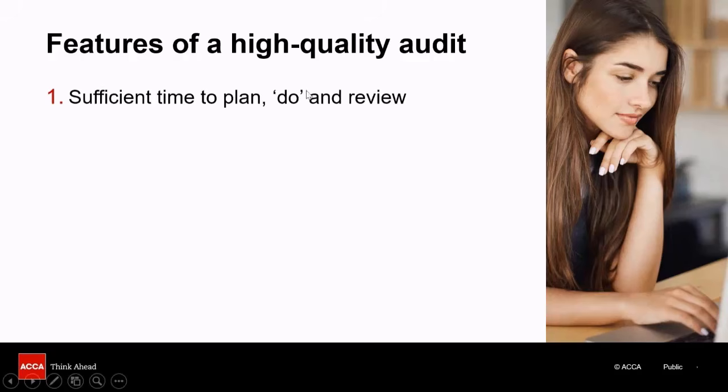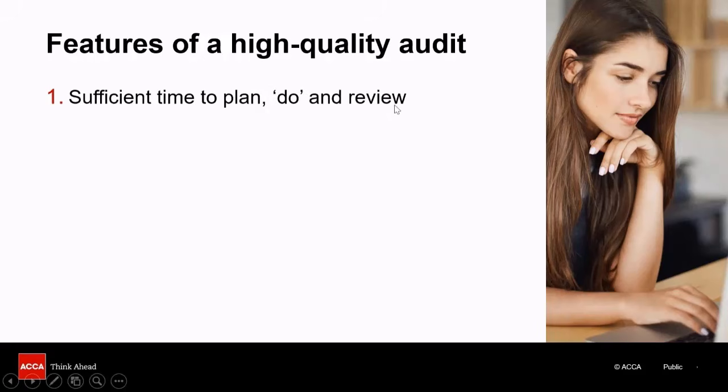Now, the doing side, there tends to be enough time there in a scenario-based question. It doesn't tend to be that the actual work is performed under pressure, although it may well be. And if we're having to do things quickly, you know what it's like in the exam, don't you? If you've got to work under time pressure, you're much more likely to miss things.